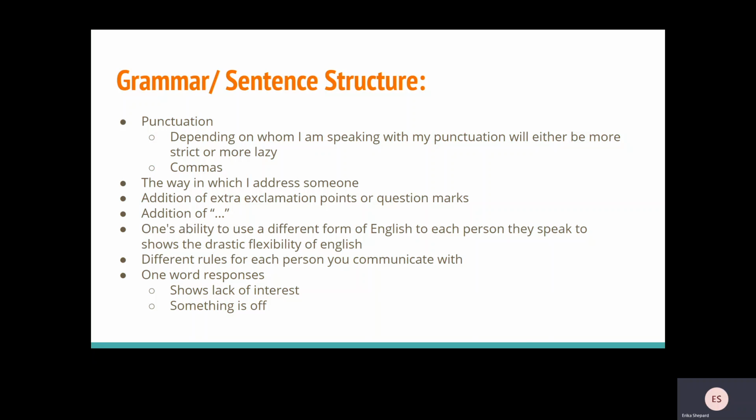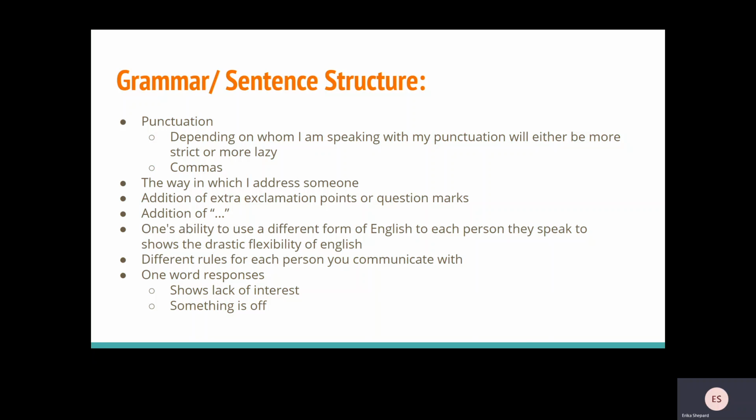The addition of the ellipsis can be taken in multiple different ways, but from what I've seen in my own personal texting and emailing, I will never use that in emailing, but I do find that I use it in texting when I don't have anything else to add to the conversation, or I am irritated and I kind of want you to pick up on that.